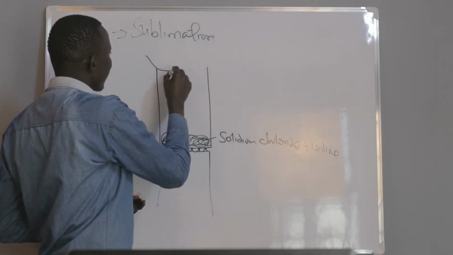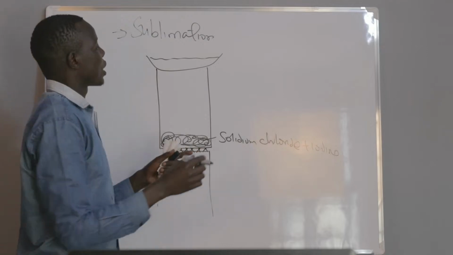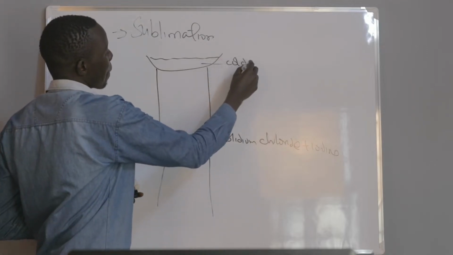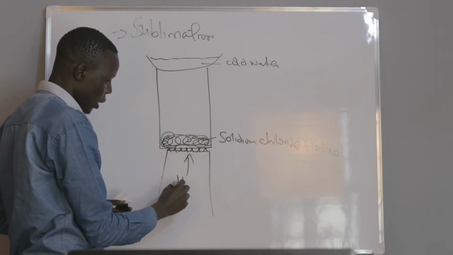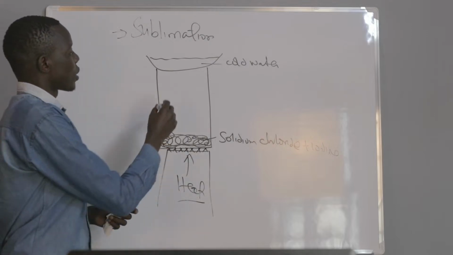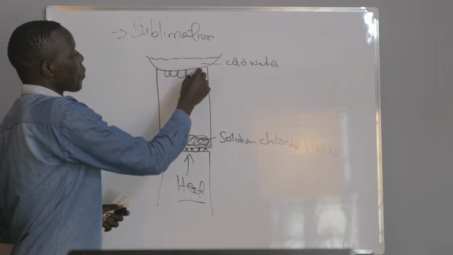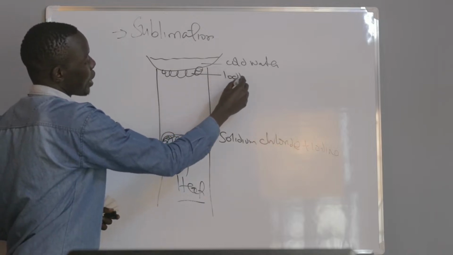Then up above you have ice cold water, or simply cold water. So when you heat at this particular point, iodine which undergoes sublimation will rise and get deposited. So the general name, substance X, this should be iodine.